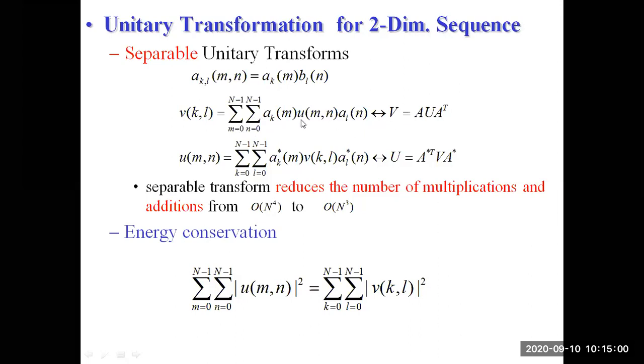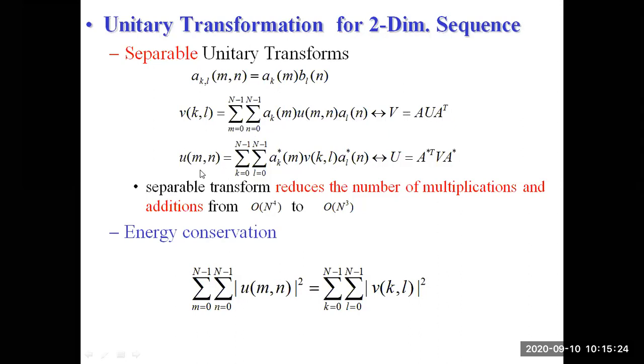So this is V equals A into U into A transpose. Here U is your signal, a two-dimensional signal, of course an image. So if you know the A matrix and U, automatically you can calculate A transpose, and if you multiply like this, you will get V.